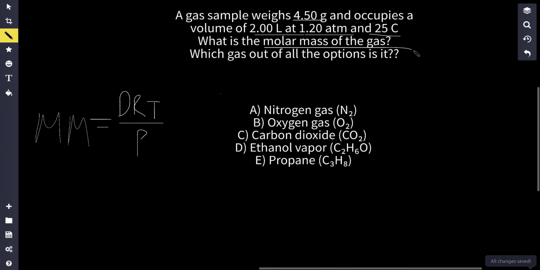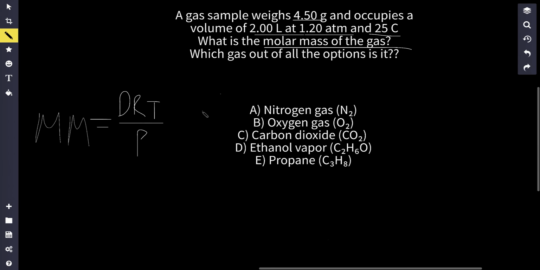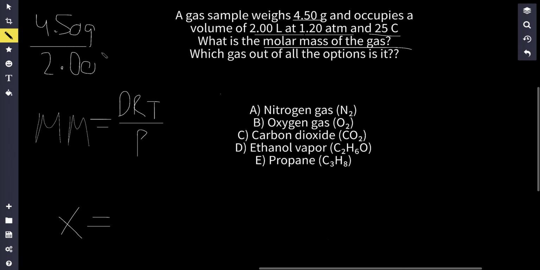All right, that's the gas, and which gas out of all the options is it? So we're going to try to use our formula over here. We don't know what our molar mass is, so I'll just put an x there. What is our density? Remember, density is mass divided by volume. So we have our mass divided by our volume, 2.00 liters.